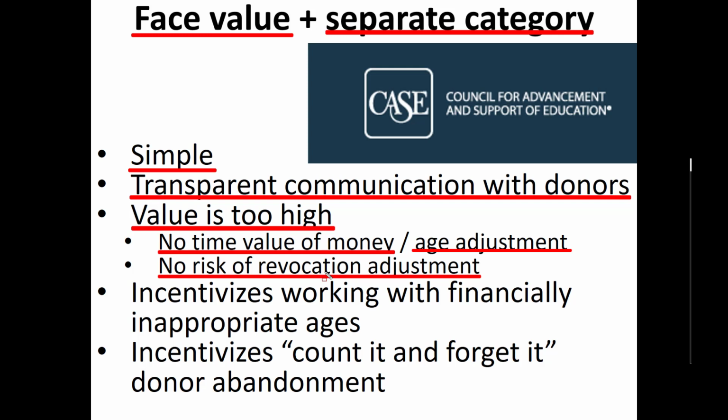It may be much better than the national averages, and it may be much worse. But of course, we know this value is too high if we say there's no risk of revocation.